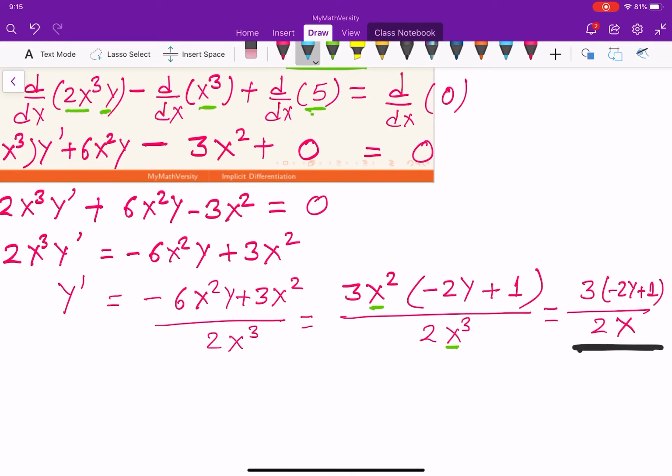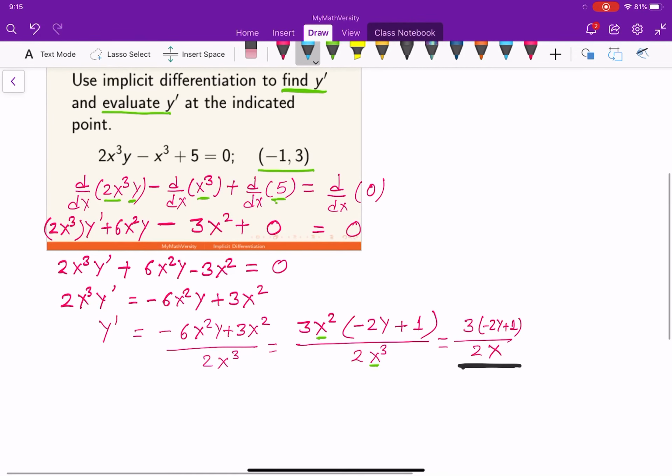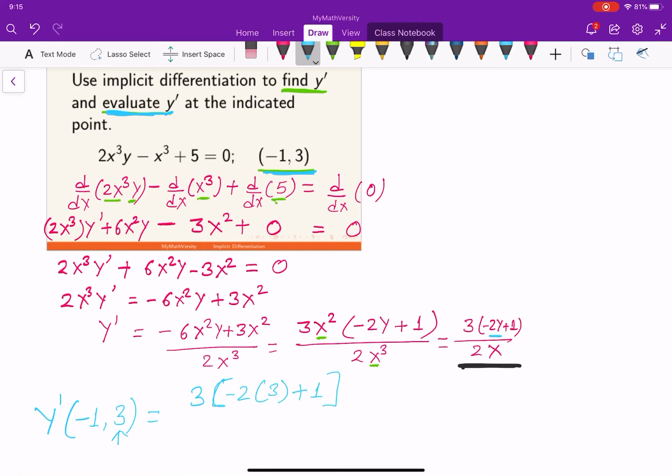The next step is to evaluate y prime at the given point, (-1, 3). This is just like evaluating a function. We have 3 times negative 2y, where y is the y coordinate of the point, plus 1, and everything under that will be 2 times x, where we replace x by the x coordinate of the point.